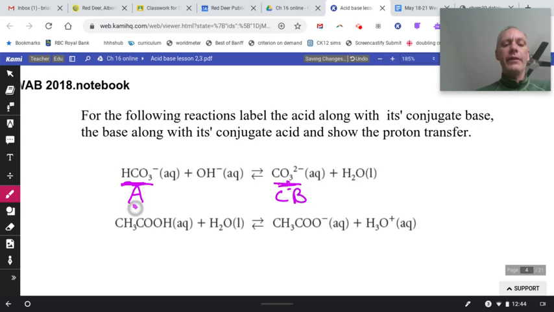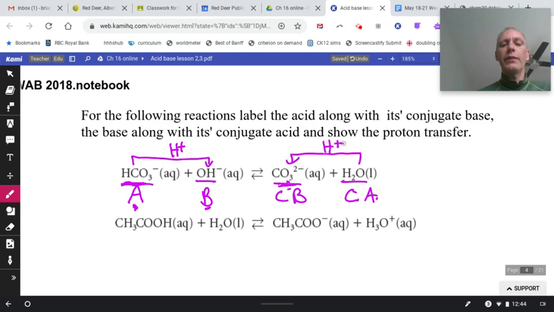And if this is an acid, this must be a base. Since this is the acid, it's donating its proton to the base. And if this is a base, here's its partner, which must be a conjugate acid. And again, in reverse, this conjugate acid donates its proton to the conjugate base.